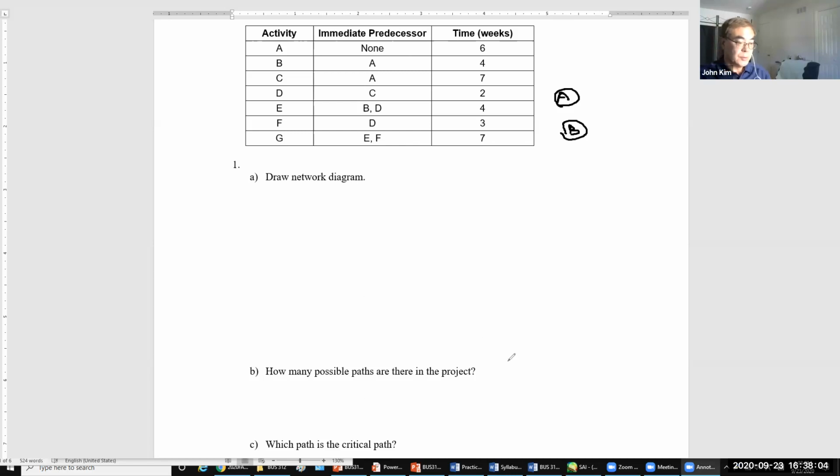So start from A, because A doesn't have an immediate predecessor. And then B and C from A, using arrows like this.